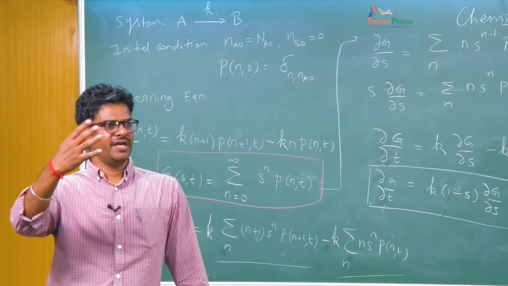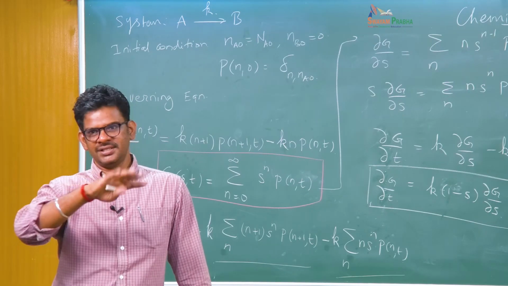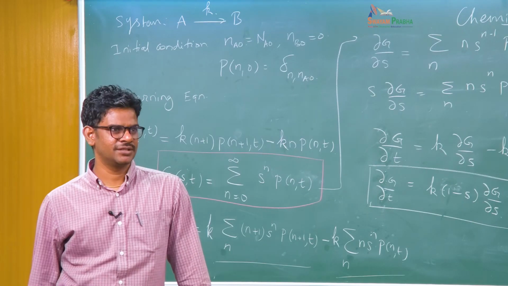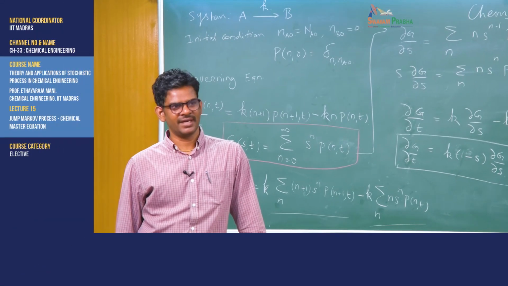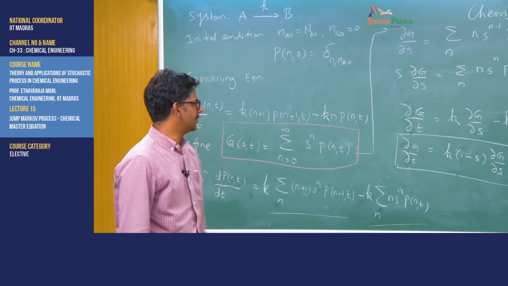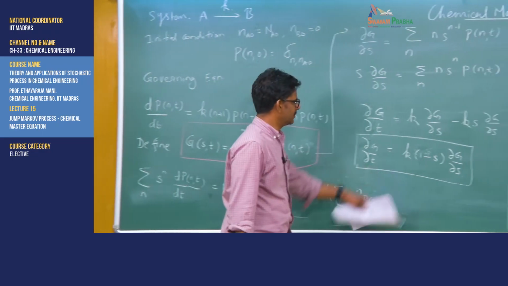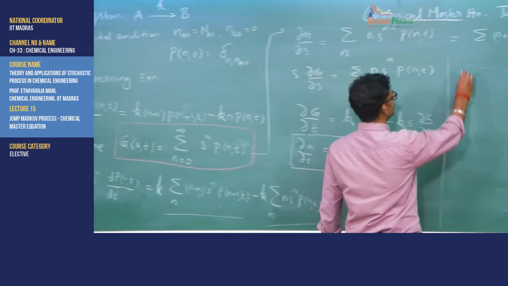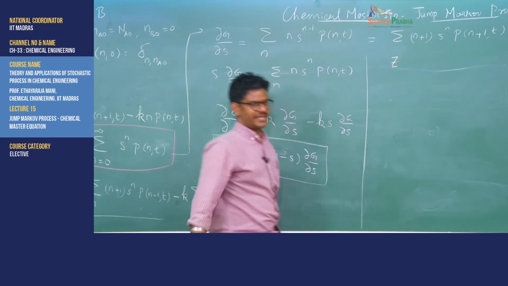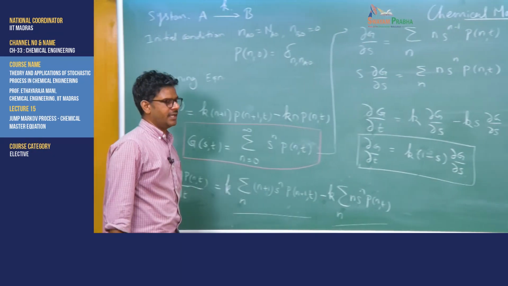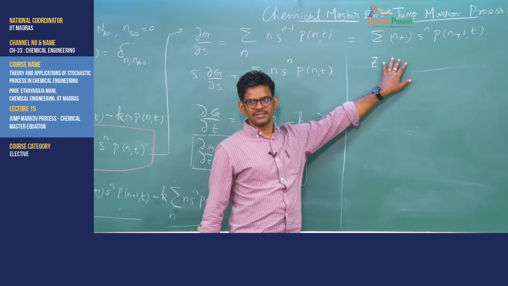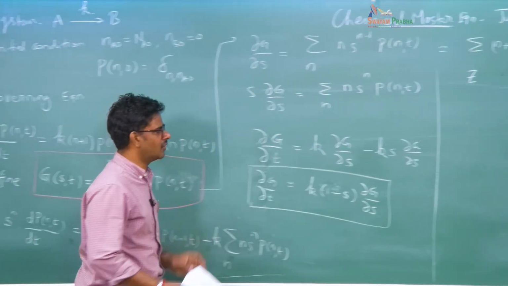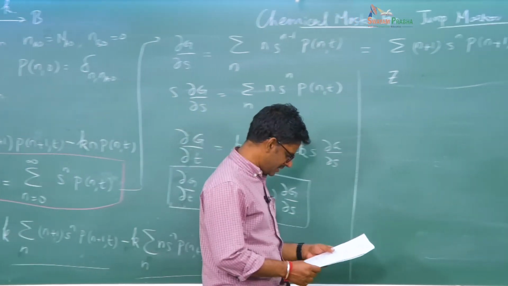We want to think about some other variable, where any change in S and T can happen at a constant value of the new variable. Those are called the method of characteristics for solving linear PDEs. So we want to define some new variable Z, where any change in S and T can happen at constant Z values.